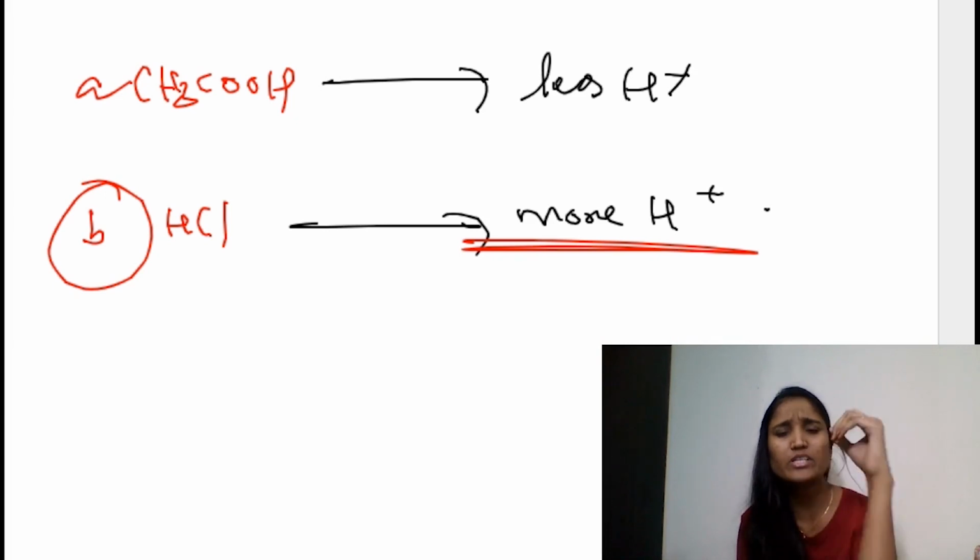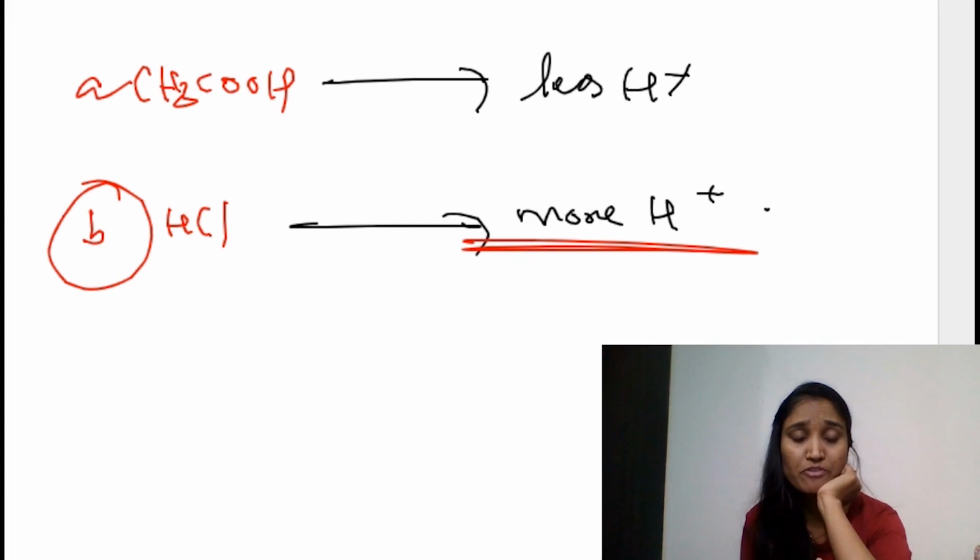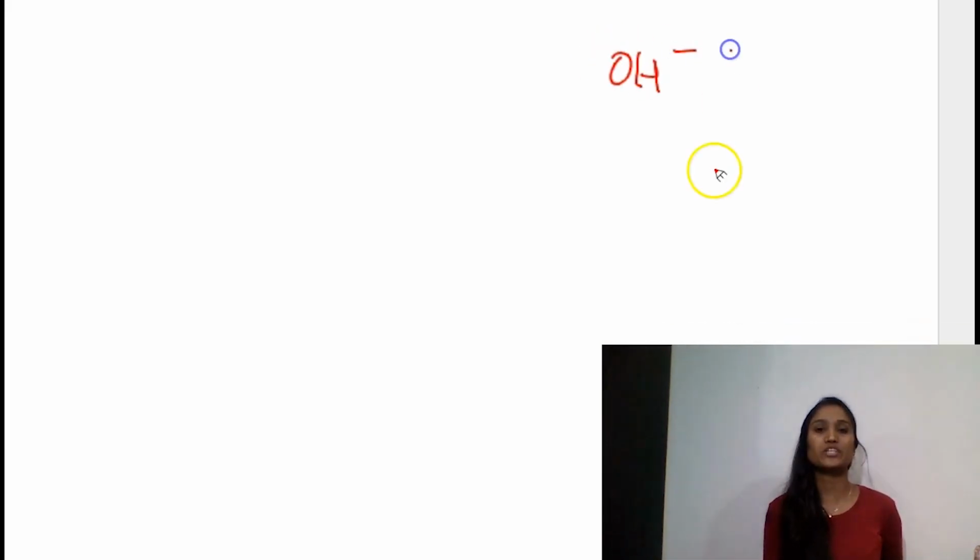Similarly, if I want to identify whether a given base is a strong base or not, how do I get to know if the base is a strong base or a weak base? For acids, it is H plus. For bases, you observe the OH minus concentration.